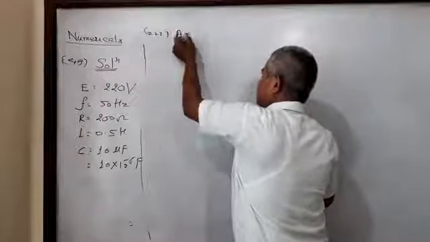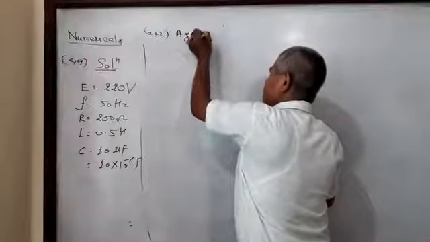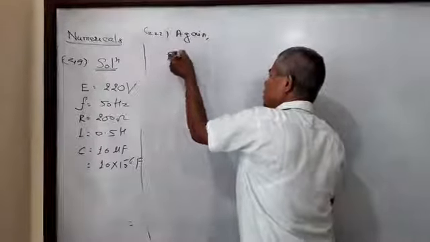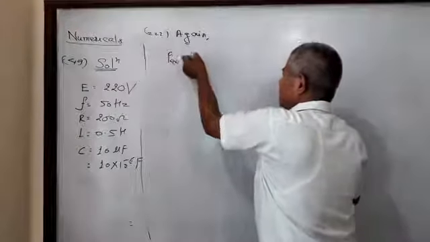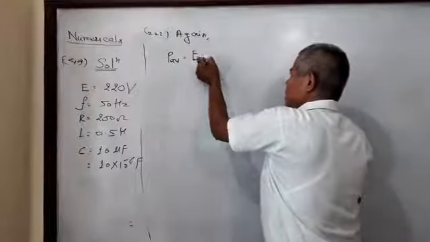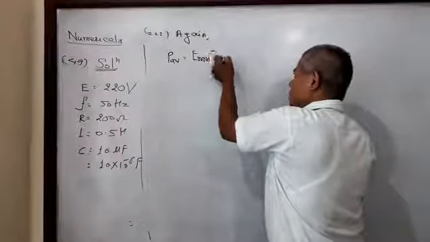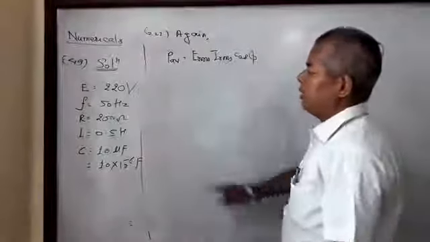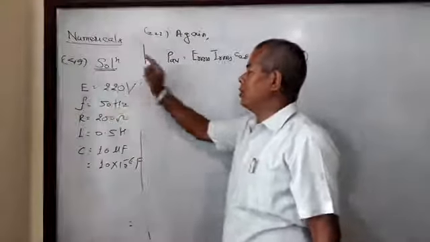Again we have PAV, average power, is equal to ERMS into IRMS into cos phi. This is ERMS, 220 volt.